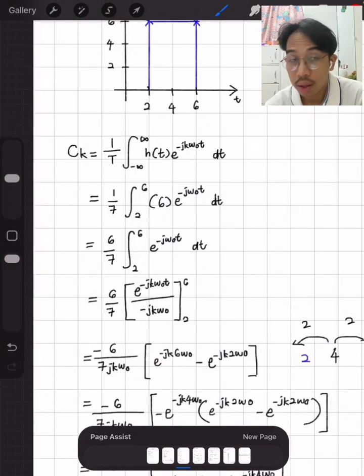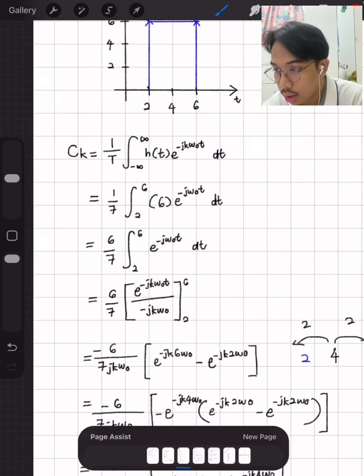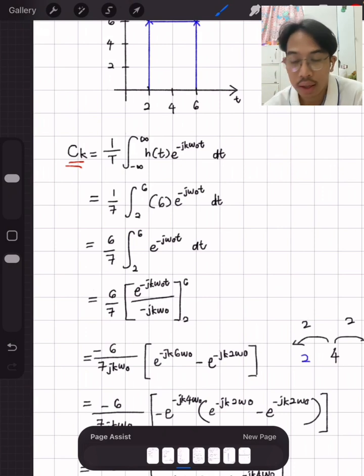Now we continue with the Fourier series formula, where the complex Fourier series coefficient is given by c_k equals 1 over T integration of h(t) exponent negative jk omega t dt, with the limit of negative infinity to infinity.